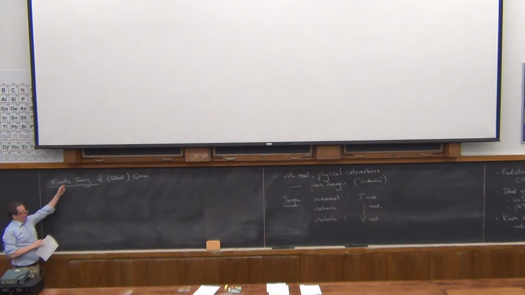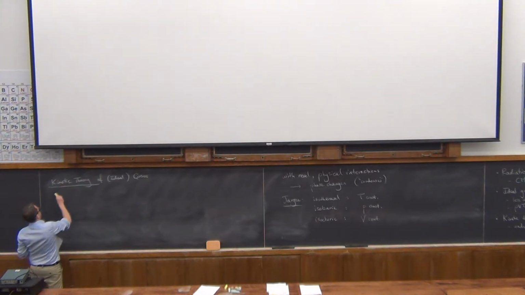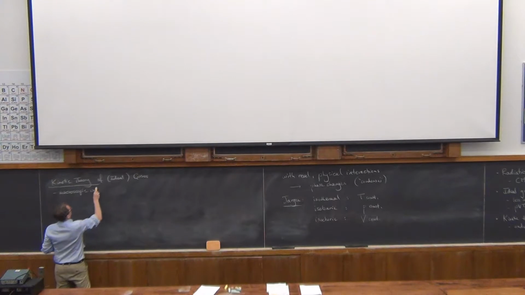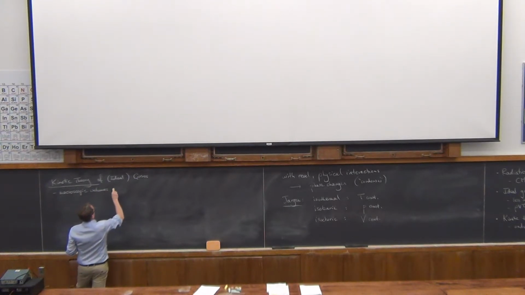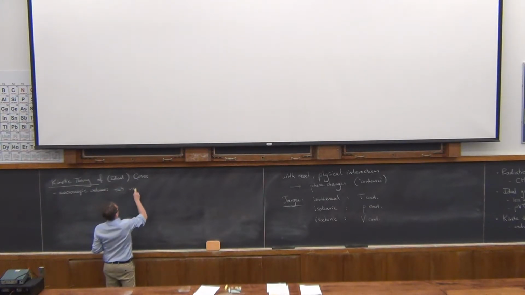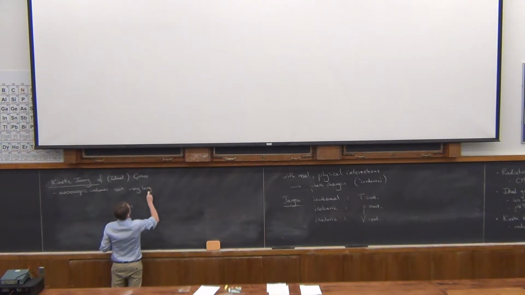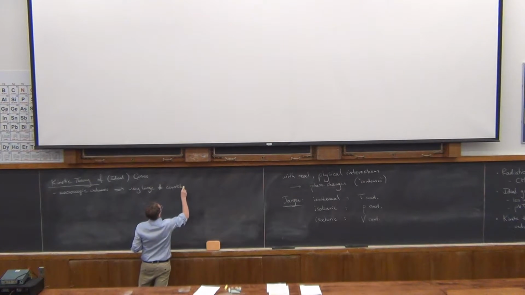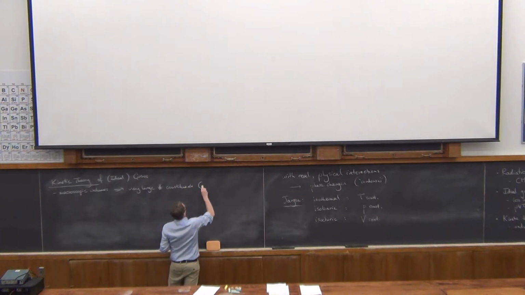Kind of gives it away. It's going to have a lot to do with the kinetic energy or motion of the constituents. So what we expect in general for macroscopic volumes of gas is obviously very large numbers of constituents, by which I mean at least probably of order Avogadro's constant.